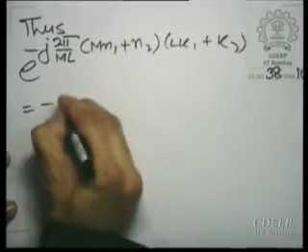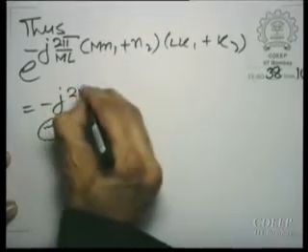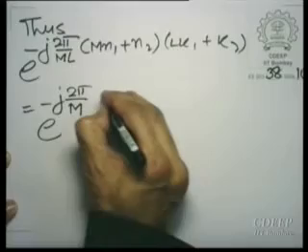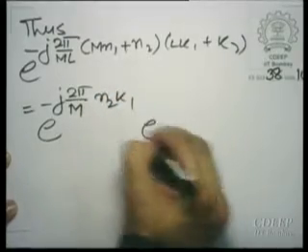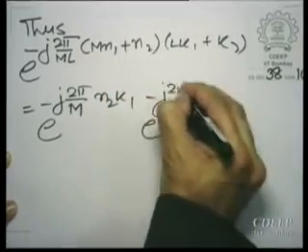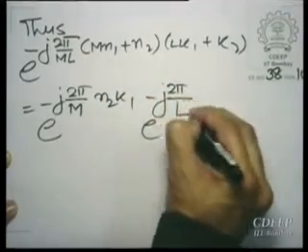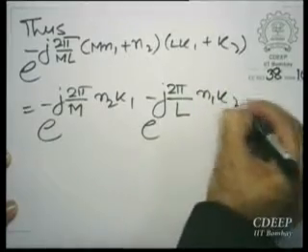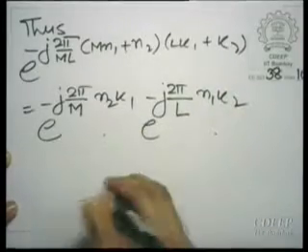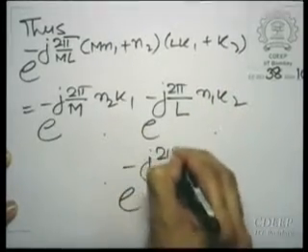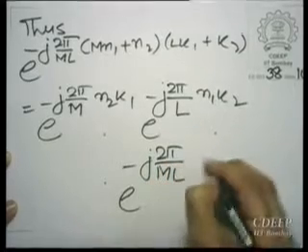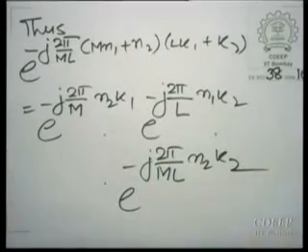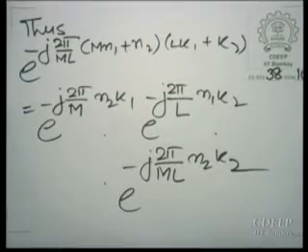e raised to the power minus j 2 pi by M into n2 k1, e raised to the power minus j 2 pi by L into n1 k2, into e raised to the power minus j 2 pi by ML n2 k2. And therefore we can now rewrite the summation that we had using these three factors.